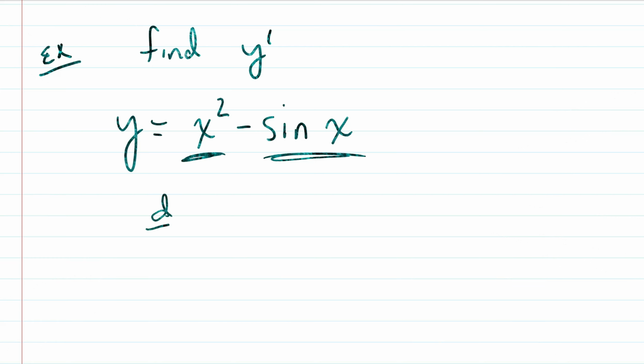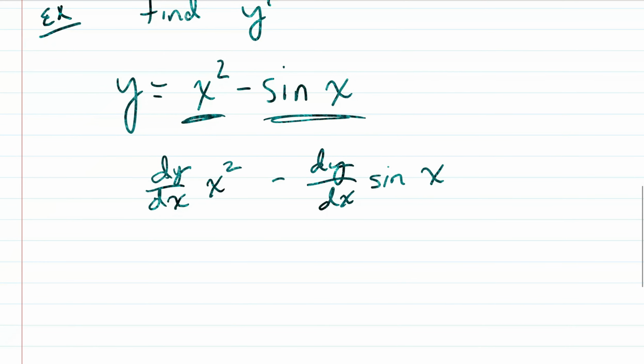So I can go ahead and take the derivative of that x squared and then also take the derivative of the negative sine x, right? So I can take the derivative of that sine x as well.